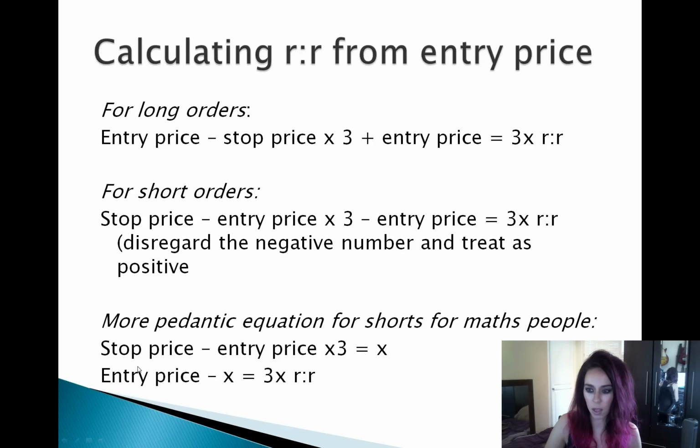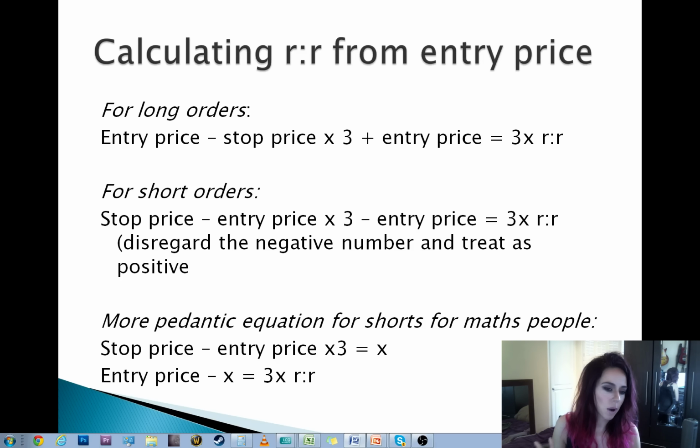In other words, here we go, that's the equation for how to calculate risk reward from entry price. Now what I do for short orders, if I do want to do this manually, I take the stop price minus the entry price times 3, and then I just subtract that from the entry price, and I will get a negative number. But I just disregard the negative number and treat it as positive.